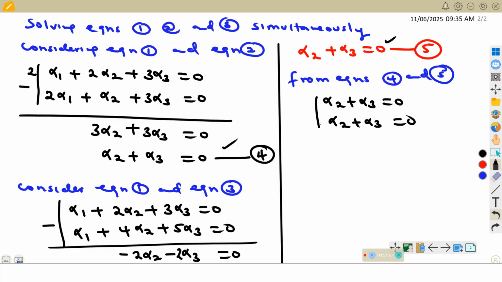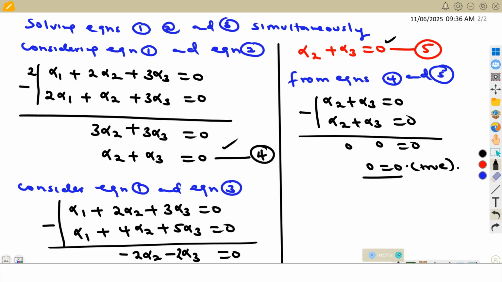So from here you realize alpha 2 we have alpha 3, alpha 2 we have alpha 3, so they are the same equations. In other words, if you subtract, all these will give you 0, 0, which is equal to 0. And if you get 0 is equal to 0, this is true. However, this implies that this system has infinitely many solutions.